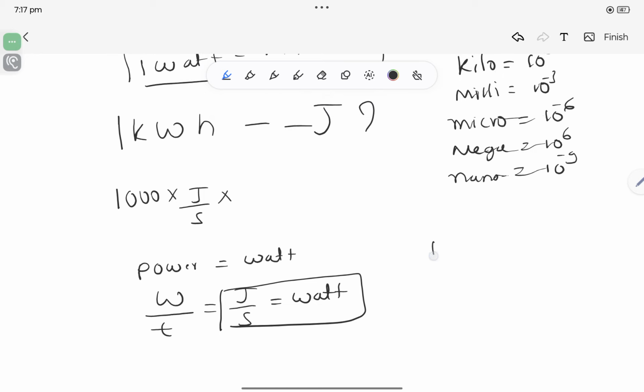So 1 hour is equal to how much? 60 minutes into 60 seconds, that is 3600 seconds.